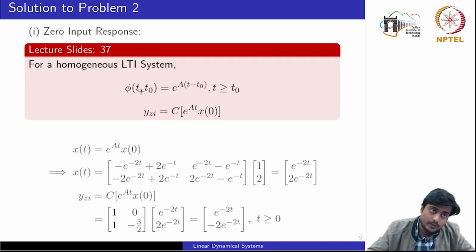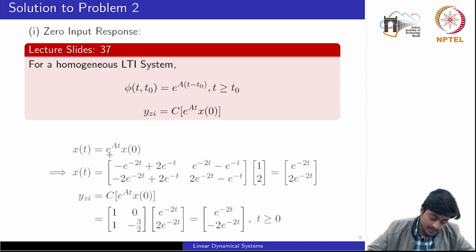Once we have obtained the state transition matrix, we can compute the zero input response, which is the multiplication of the state transition matrix by the initial condition, pre-multiplied by the output matrix. This is the response of the homogeneous system, x(t) equals e to the power At times x naught. After putting in e to the power At and x naught, we can simplify to this.